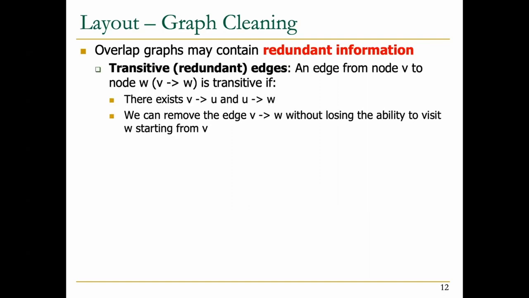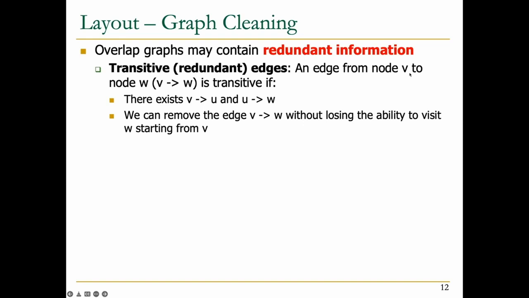The first one is referred to as transitive or redundant edges. So these are edges where there are 2 different paths, but you could essentially take one of these paths and ignore the other one completely, and you wouldn't lose any connectivity information. This is a more formal way of defining it.